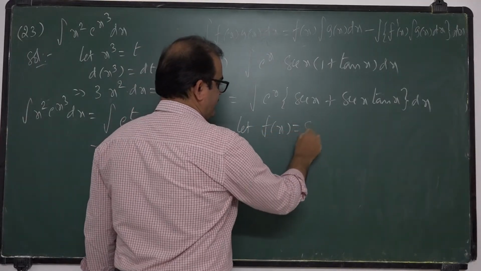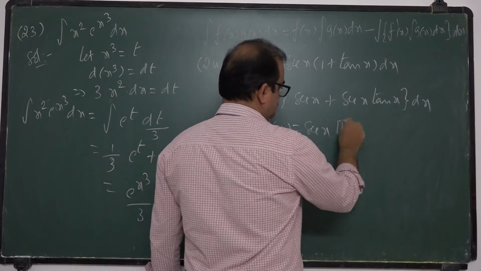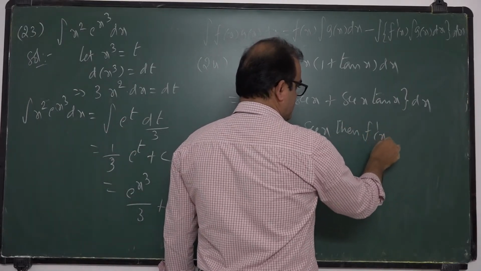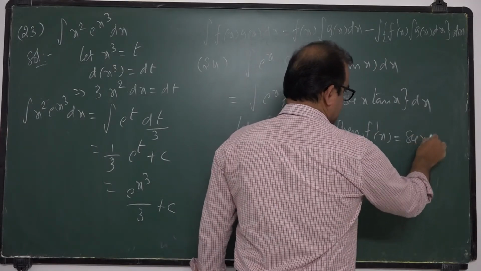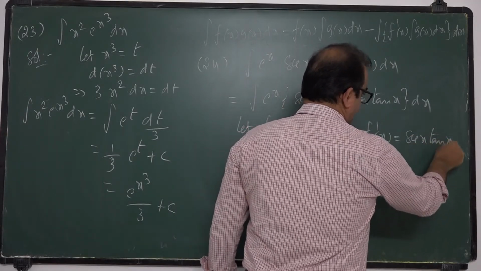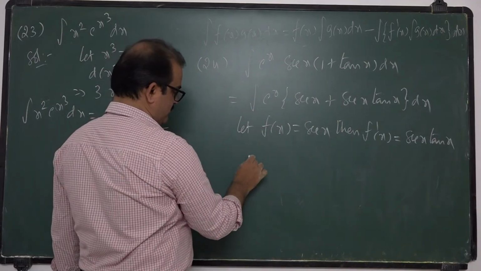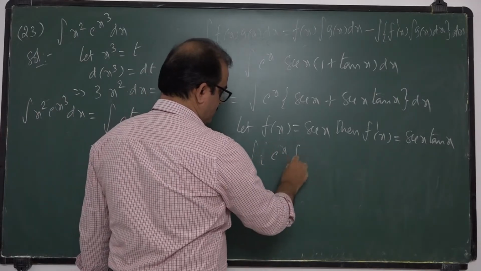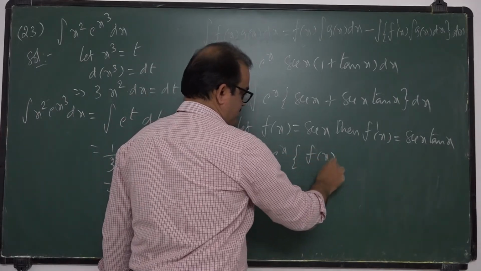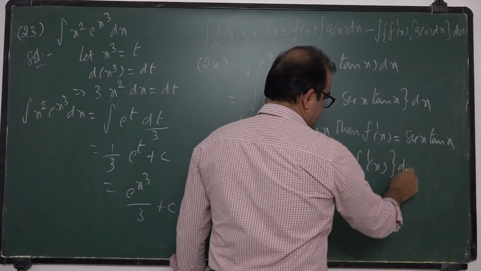Let f of x is equal to secant x, then the derivative f dash x is secant x into tan x. Now the given problem is in the form of integral of e power x into f of x plus f dash x into dx.